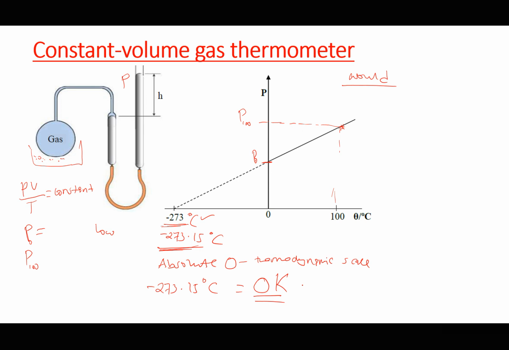But of course, before we go any further into the beauty of the absolute scale, let's try to come up with a formula here. If pressure varies perfectly linearly with the temperature, then it is a straight line, and I'm going to find the gradient.